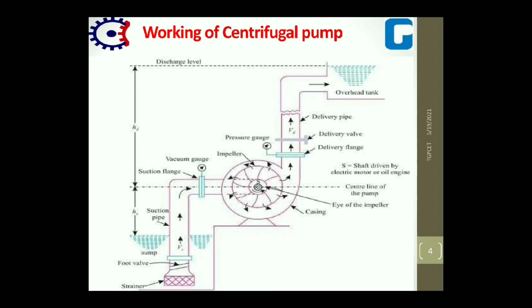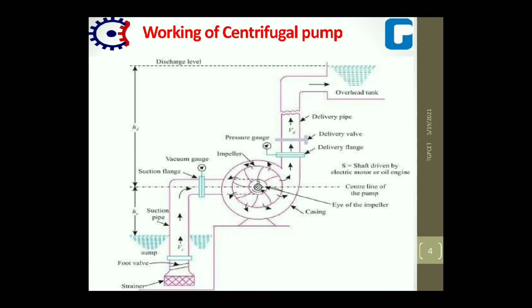The delivery valve is closed and pump is primed, that is, suction pipe, casing and portion of delivery pipe up to the delivery valve are completely filled with water so that no air pocket is left. You can see here the foot valve and strainer.